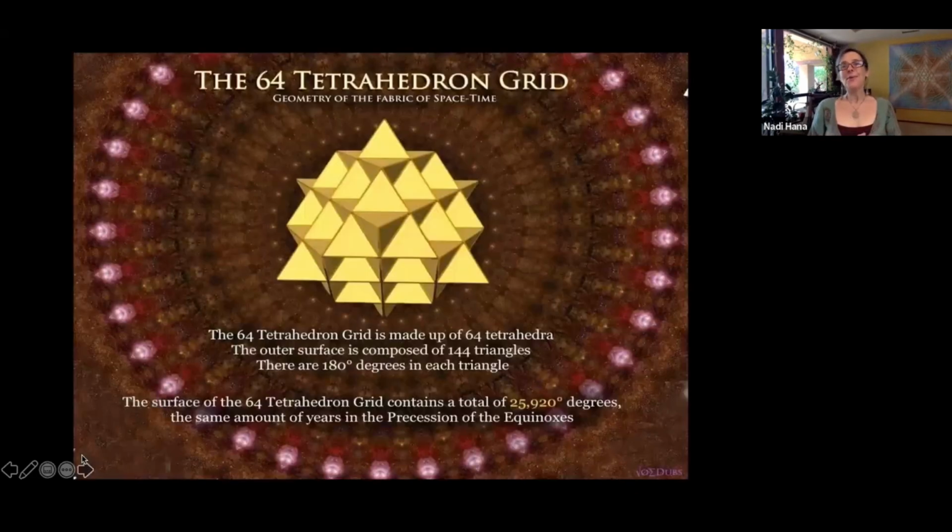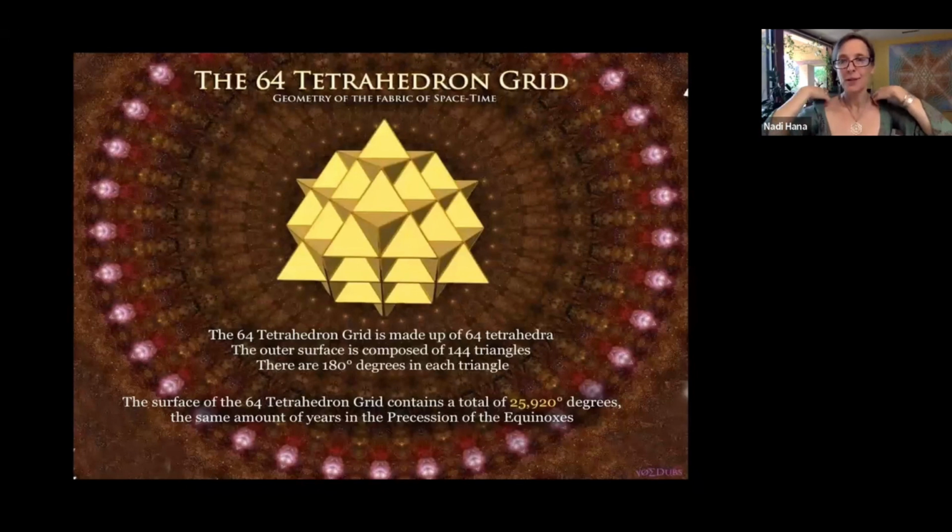Right. So vector equilibrium, we saw the two-dimensional grid of the 64-star tetrahedron. But this is what it looks like from the 3D perspective. Right? And again, that's the best effort we have to conceptualize that these shapes are alive, that they are part of the flexible structure.